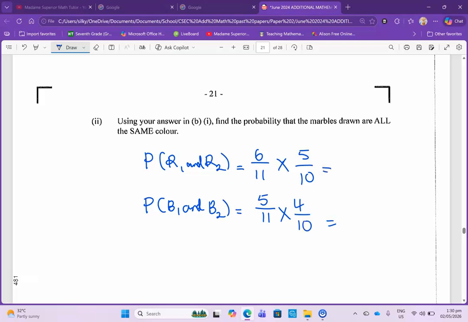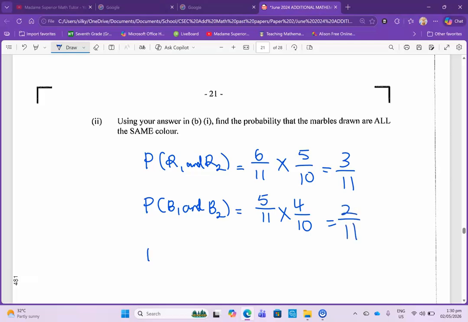Okay, so let's multiply. We have 6 over 11 multiplied by 5 tenths, and that will give us 3 over 11. And then the probability of picking 2 black marbles would be 5 elevenths times 4 tenths, and that will give us 2 over 11.